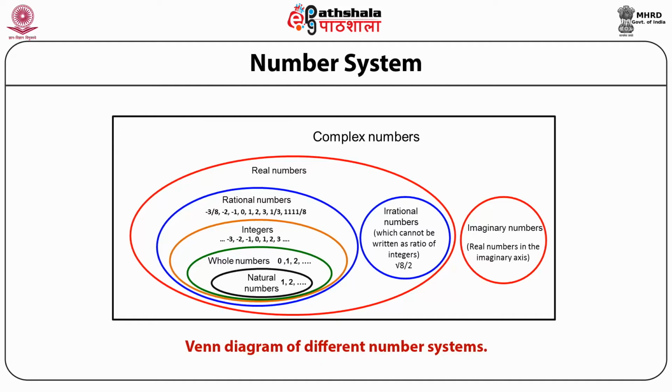For example, pi, which is 3.14159 and so on, is a non-ending number.